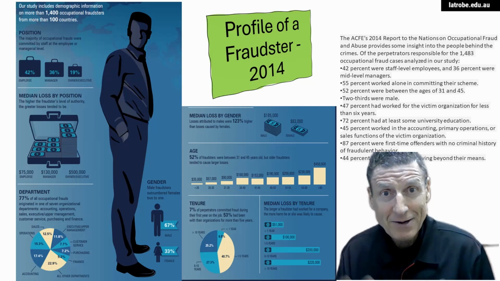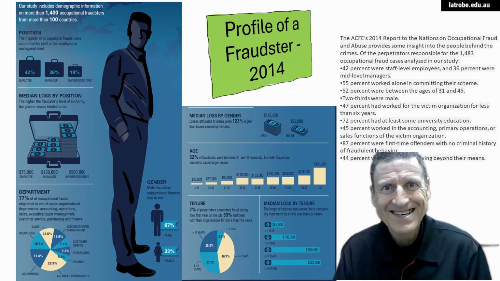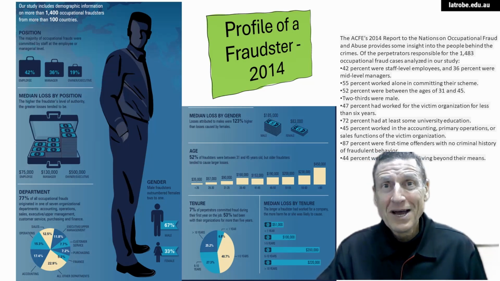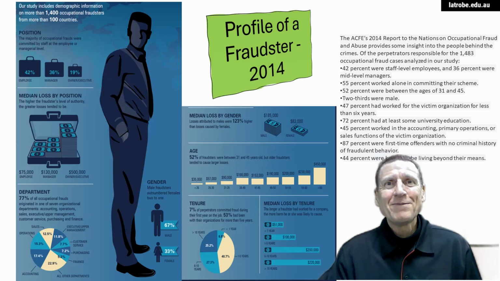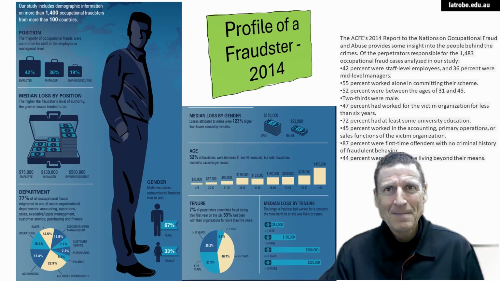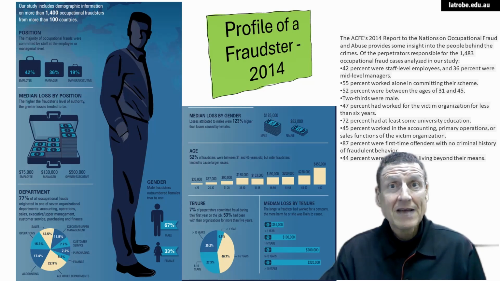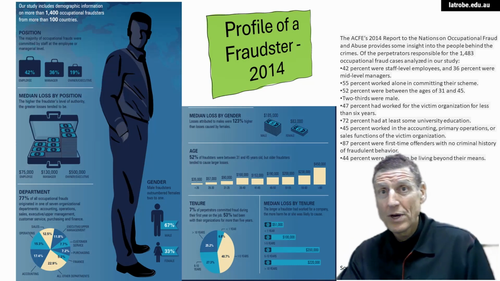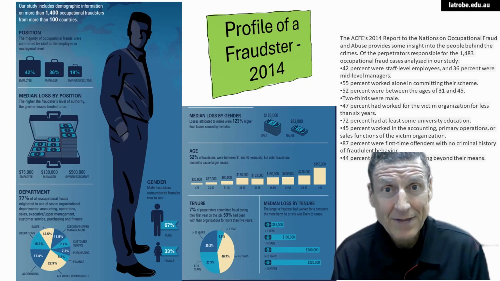So watch out, all of you are going to have a university education, so you might fall into that 72% in the future. Who knows? Okay, 45% worked in the accounting, primary operations, sales functions in the victim organisation. 87% were first-time offenders and 47% were known to be living beyond their means.